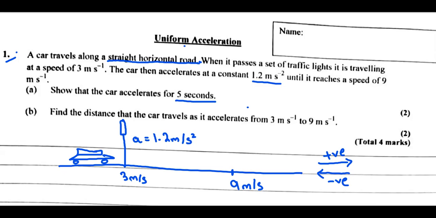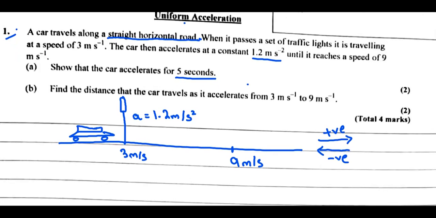Yes, they did not talk about the right direction or the left direction, but this is an assumption. This is how we start the question. This is how we think about it. We will assume that the car is going in the right direction. Then we have a traffic signal. You can also think about the same scenario other way around as well, that the car is traveling in the left direction, but let's not complicate things, okay?